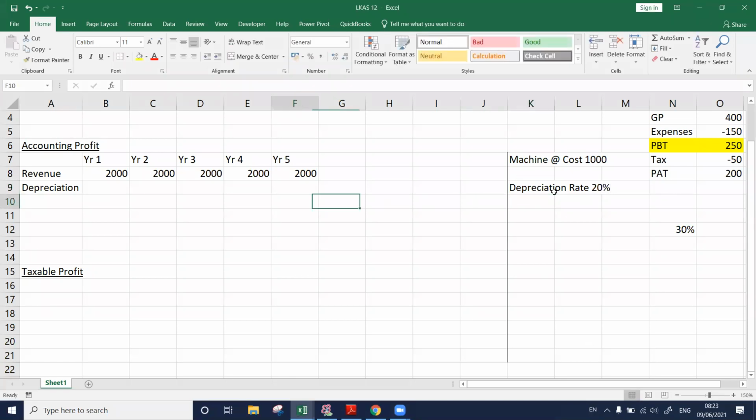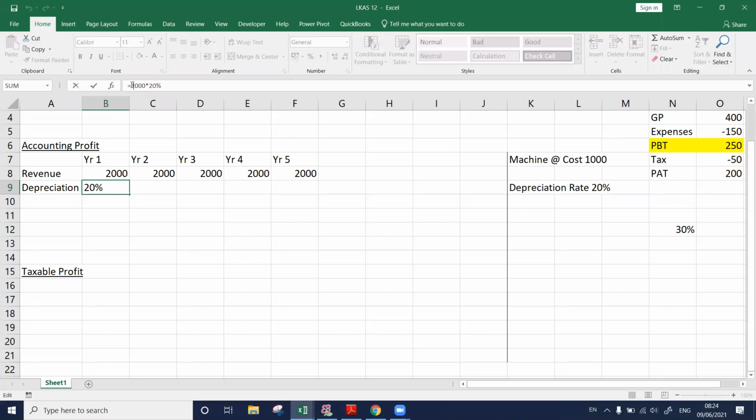If the depreciation rate is 20%, what should be the depreciation expense of each year? 1000 into 20%, 200. Same.